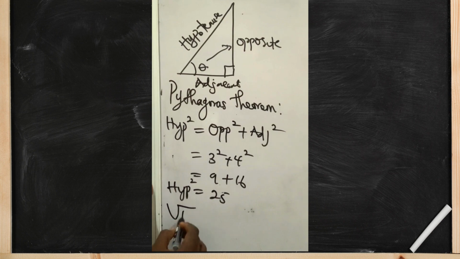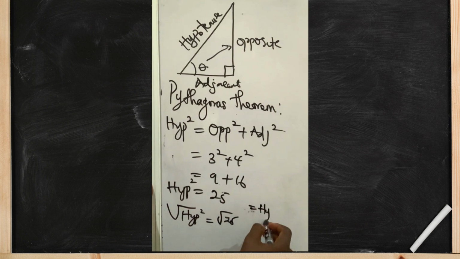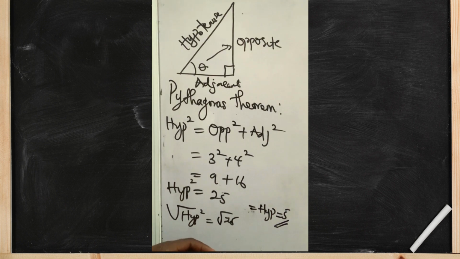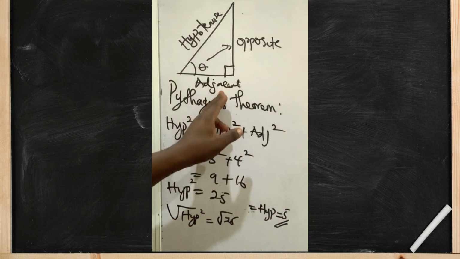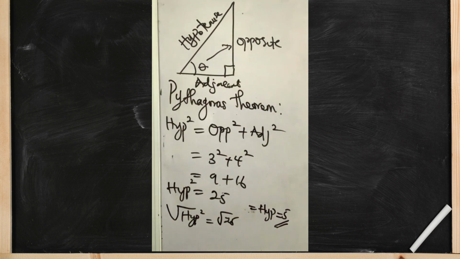Then the square root of 25 means the hypotenuse will be 5. This is just an example to show how Pythagoras theorem works: the square of the hypotenuse equals the sum of the squares of the two sides.